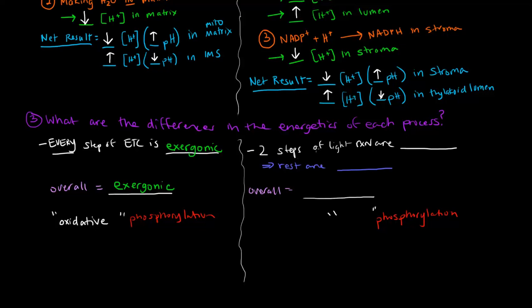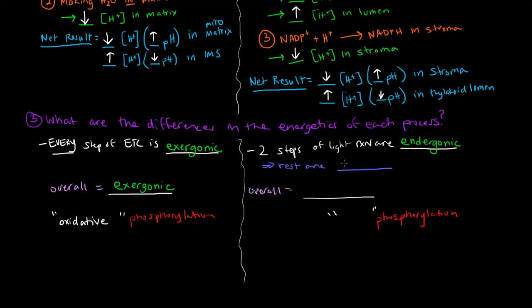In the chloroplast, however, in the light reaction, 2 steps of the light reaction are endergonic. There are 2 steps, right, when we shine the light on the reaction centers, that in order to oxidize the reaction centers at the chlorophylls, those require light energy and are therefore endergonic.